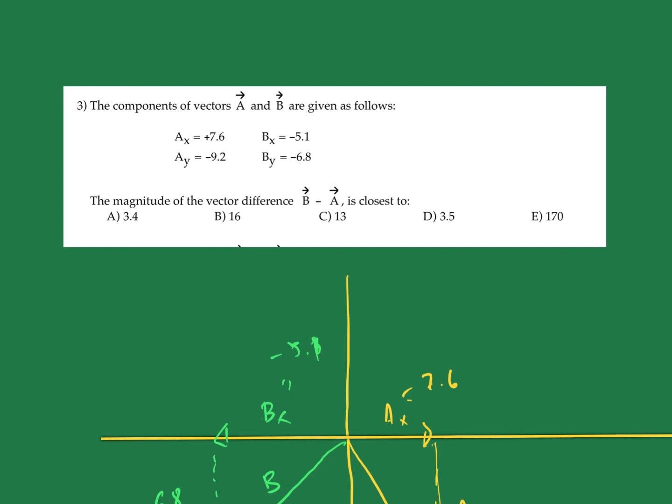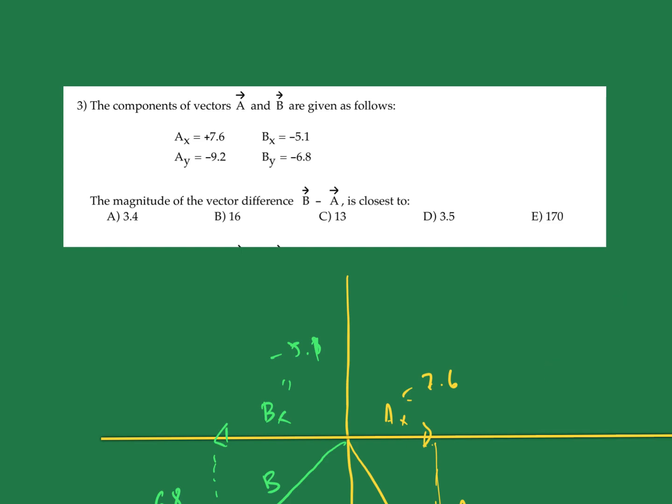So this problem says, I give you the vector AX, AY, so they give me the vector A. And also they give me Vx and Vy, so they give me the vector V. So I can write the vector A and I can write the vector V. Later on, I can write the vector V minus A. And they are asking for the magnitude of this vector, the length of the vector V minus A. Let's go to do it.